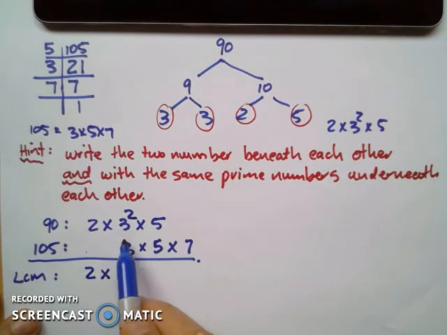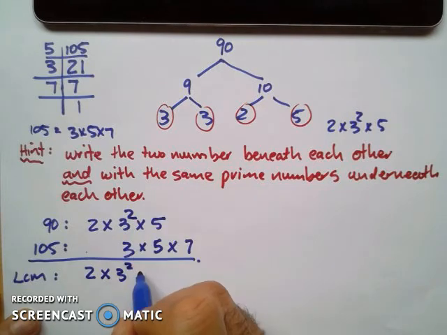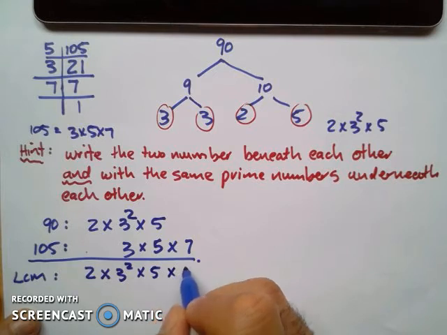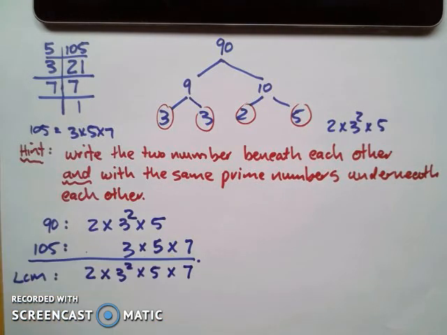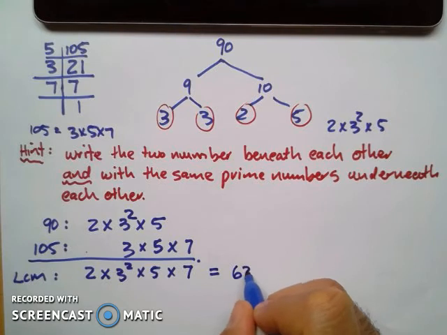I need to have a 3 squared to cover that 3 squared. I need to have a 5 to cover those 5s. And I need to have a 7. So I need to cover the biggest number in each one of them. That will give me my lowest common multiple. And in this case, the lowest common multiple equals 630.